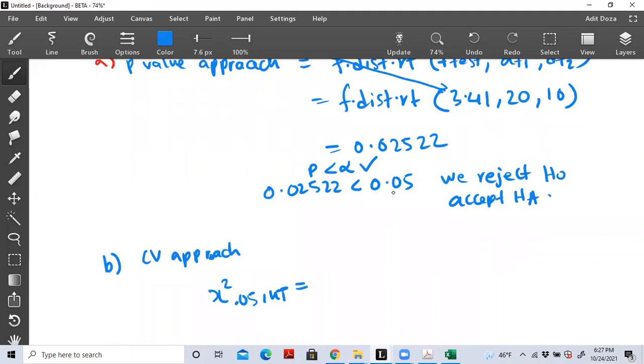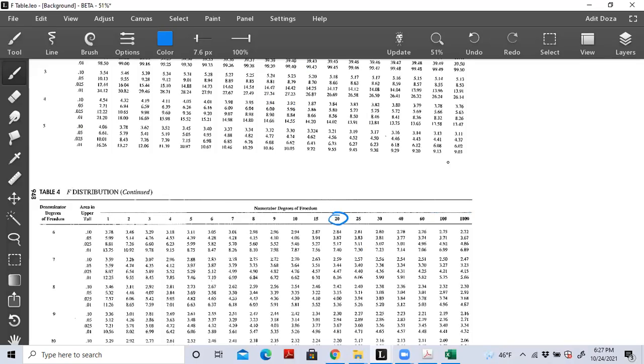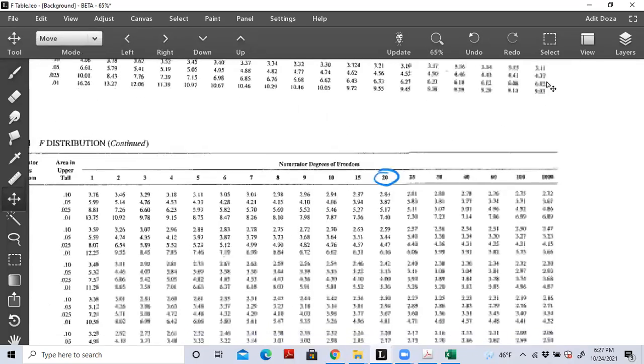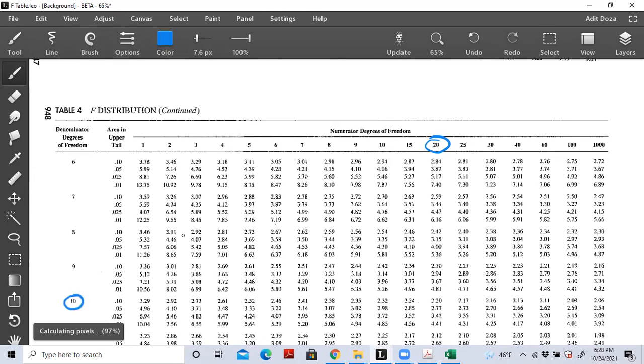The numerator is always on the top, and the other one is 10. Let me magnify a little. And what is the level of significance? 0.05, I think, in the question.